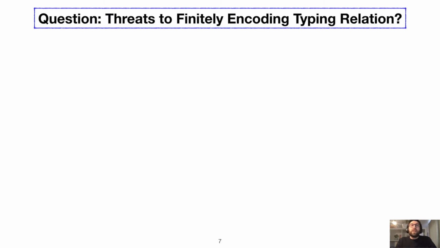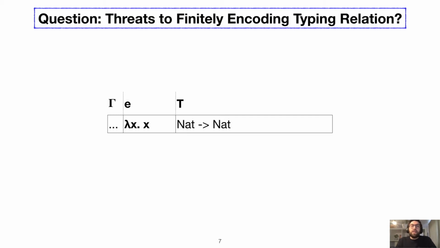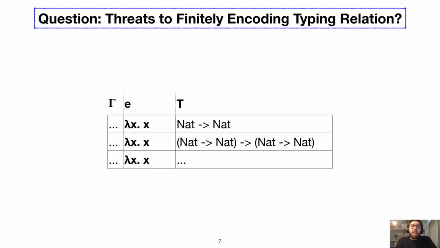Now let's check if types are a threat to finitely encoding the typing relation. Take the identity function as an example. It can have an infinite number of types associated to it, as long as the type maps to itself. So hence, Datalog cannot exhaustively enumerate all tuples of the typing relation.